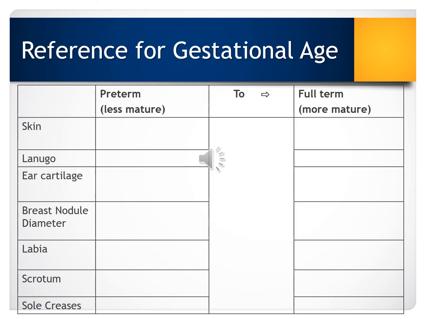But I just wanted to point out some differences between premature and full-term babies. And we talked about lanugo already, that the more term a baby is, the less lanugo, that fine hair, it would have. The same with vernix. The more preterm a baby is, the less mature it is, the more vernix you'll see.